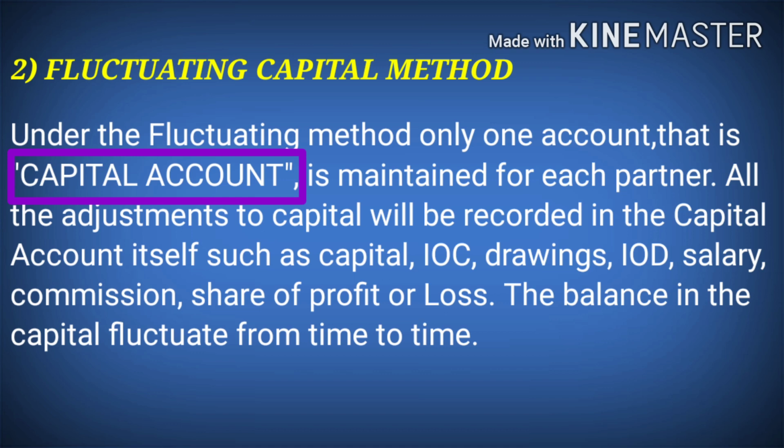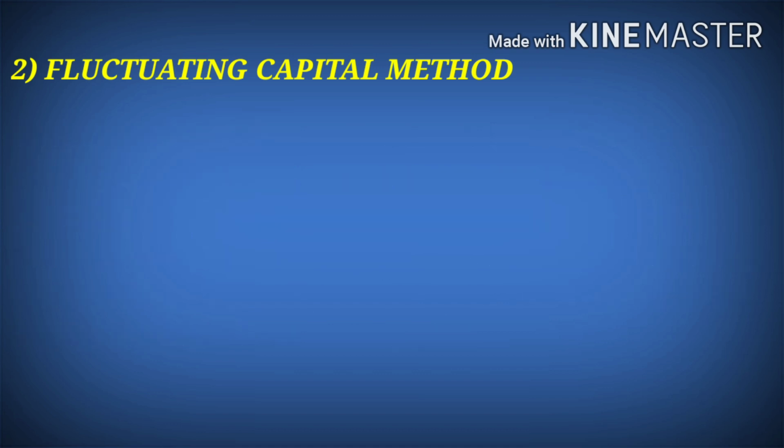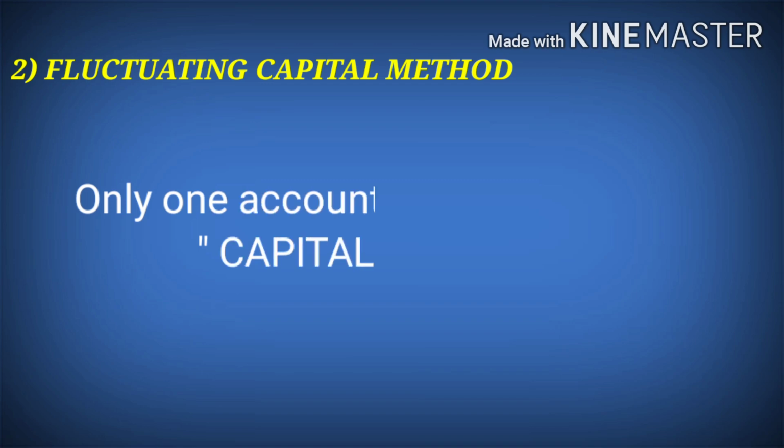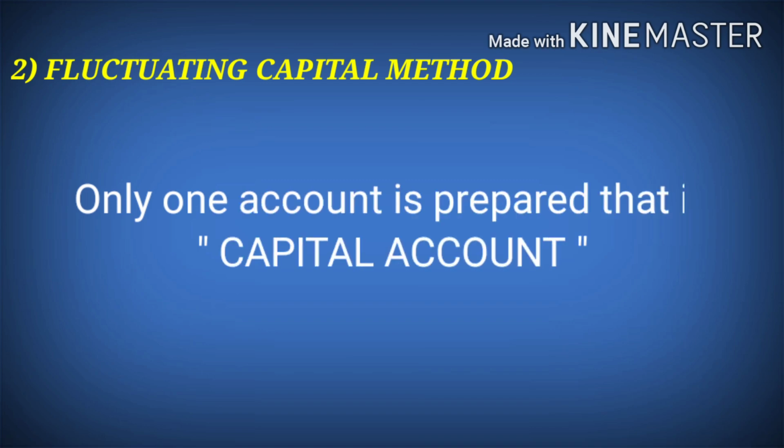It is the combination of capital account and current account which we prepared under fixed capital method. There is no separate current account prepared under this method. Here only one account is prepared, that is capital account. Is it clear?